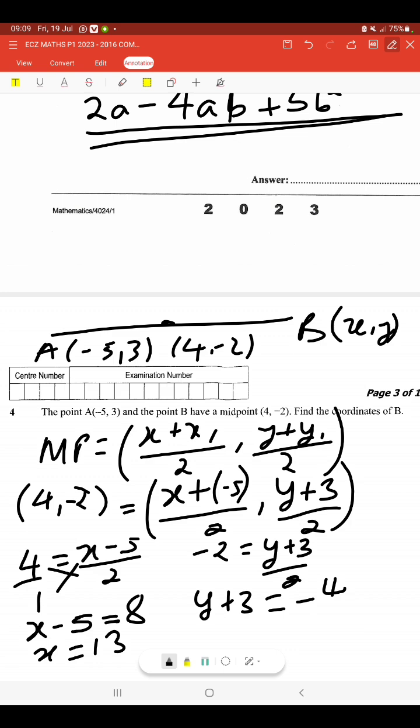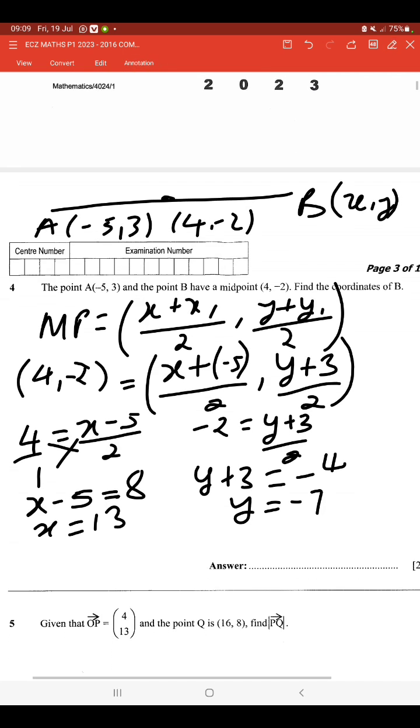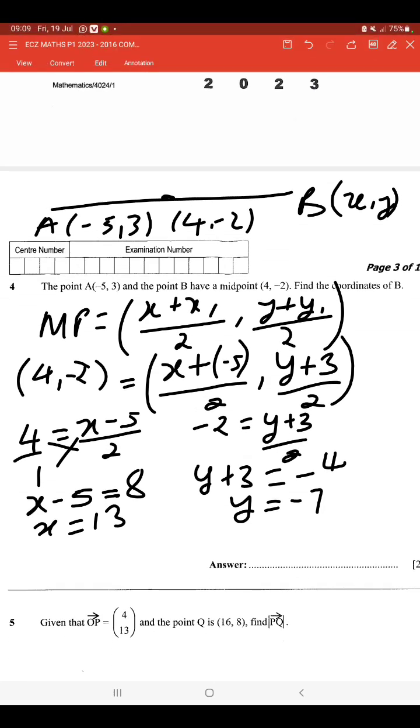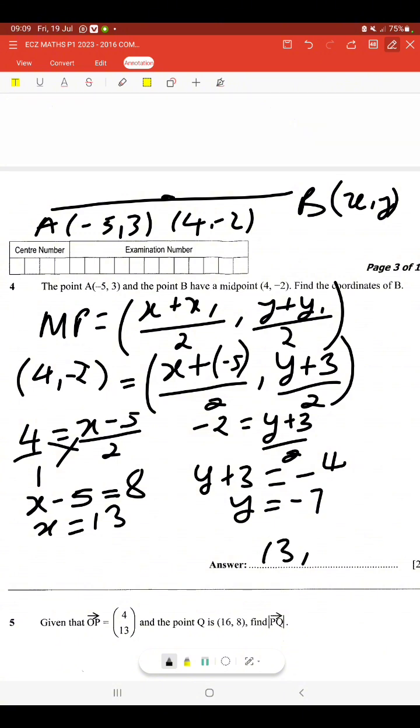Now, -4 minus 3, we're going to get -7. So therefore, the coordinates of B are going to be (13, -7), like that. So those are the coordinates of B.